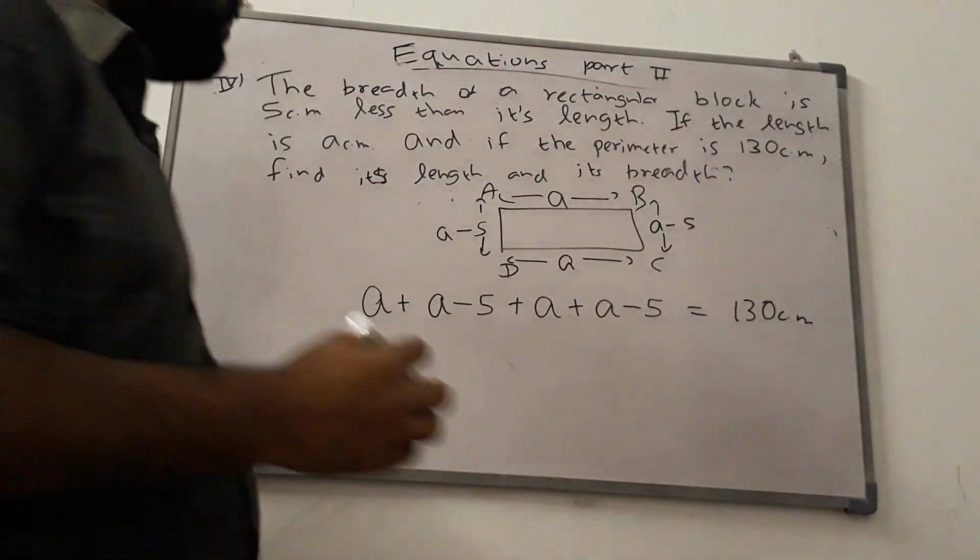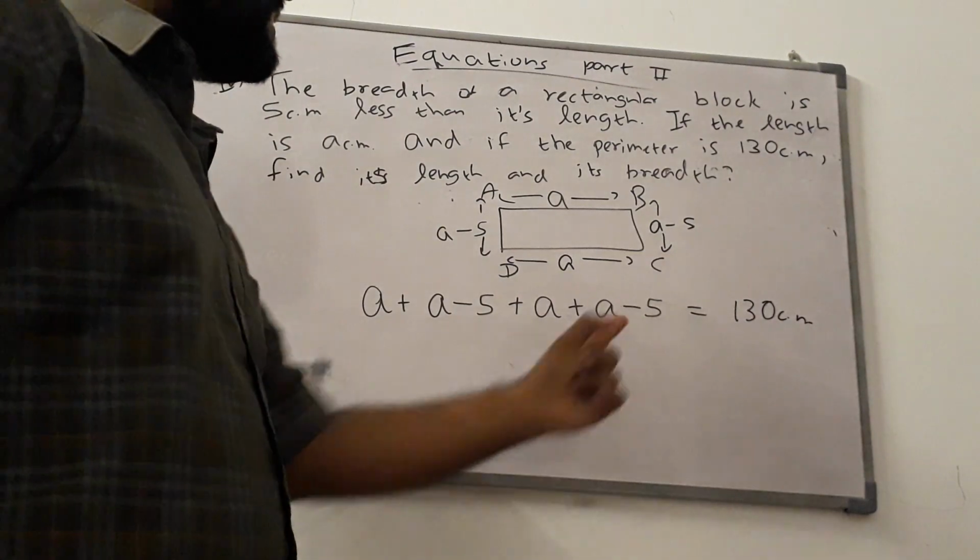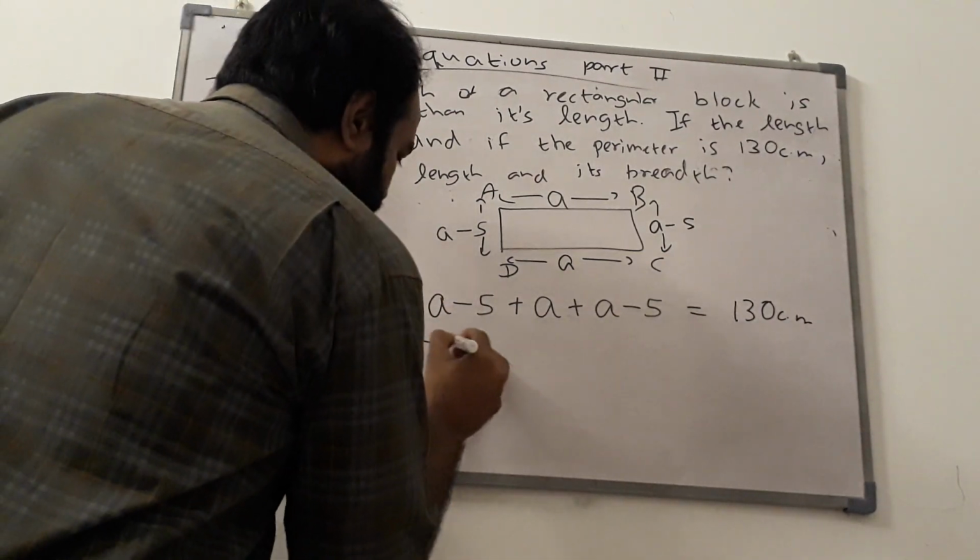A plus a is 2a, 2a plus a means 3a, 3a plus a means 4a.